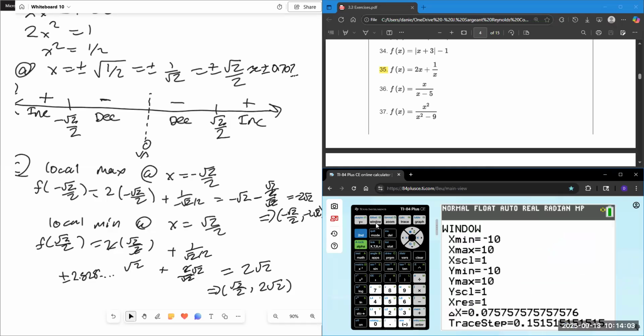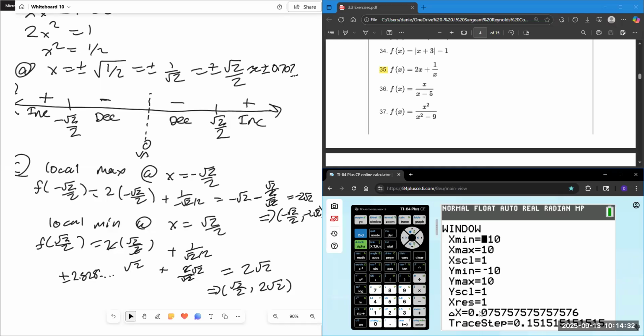But that's it. So if you go into your window and you want to tell it in the trace step right here that you want to get smaller parts for the trace, or you want your delta X for calculation purposes to be smaller, it's going to take a lot longer to make the calculation.